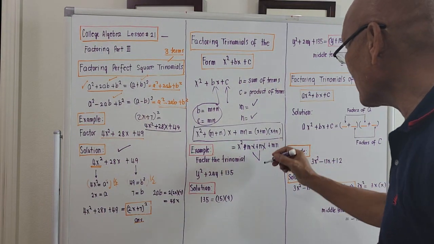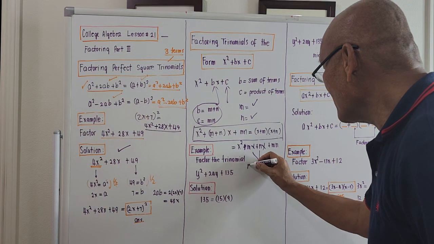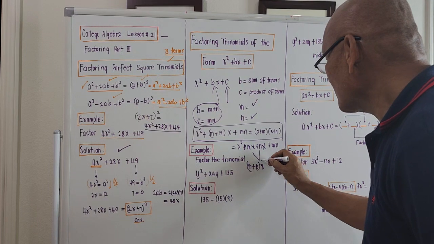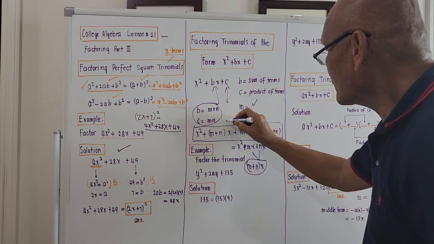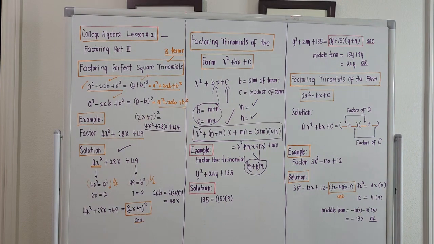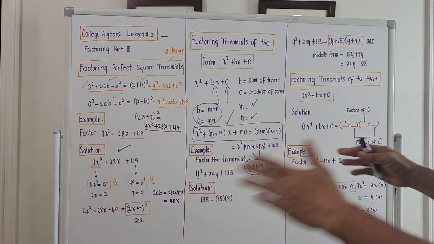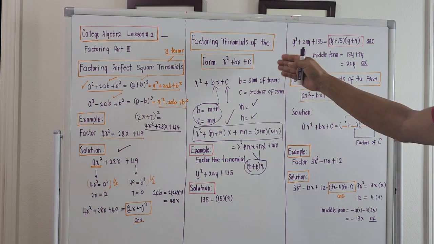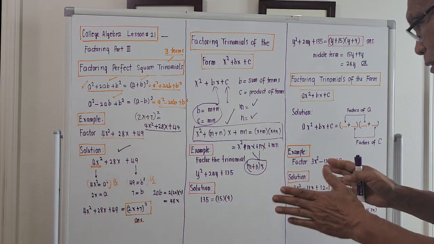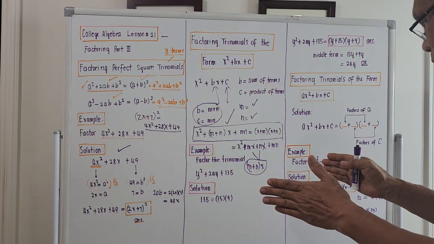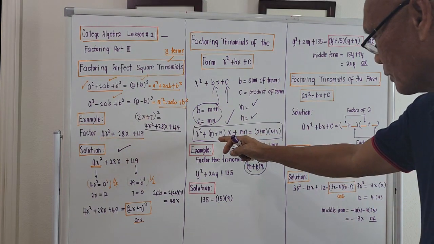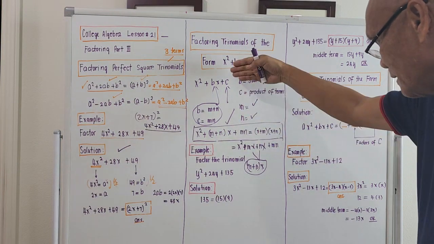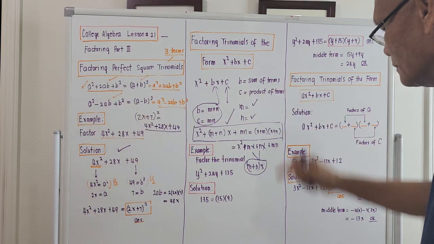There is a common factor x, so it will be m plus n multiplied by x. So this one here is actually this one. You don't have to memorize this. Actually, the solution in factoring by this form is by trial and error, just to observe if what will come out for the coefficient of the middle term will be equal to the sum, and the product will be mn.